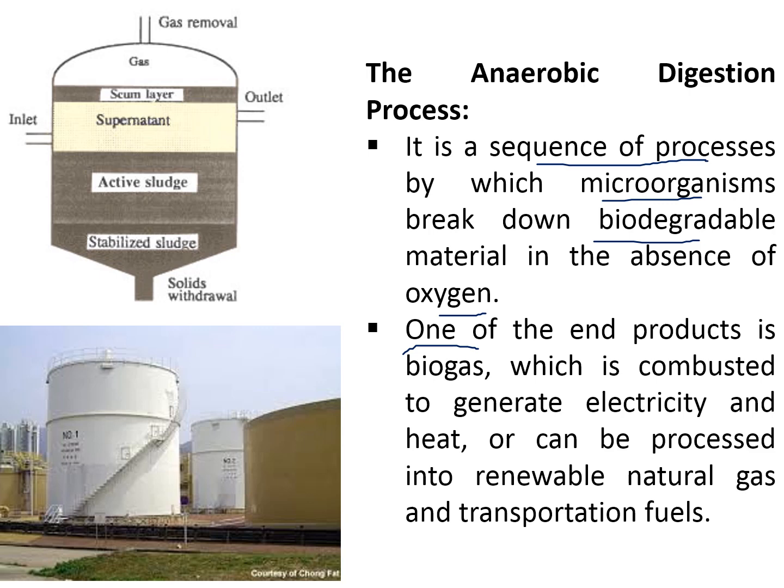One of the end products is biogas, which is basically methane along with carbon dioxide. It is used for electricity, can be used as natural gas, and can be useful for transportation fuel. When the active sludge comes in, stabilized sludge is formed.